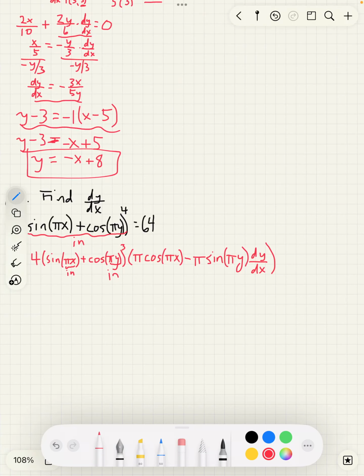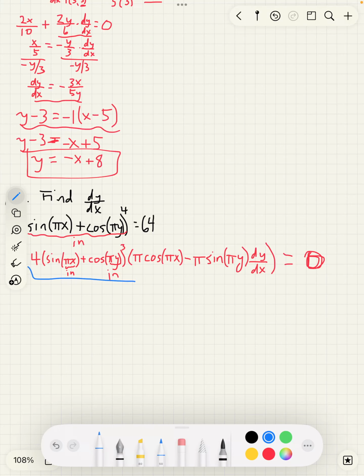Lucky for us, the derivative of the right-hand side is just 0. Not 6, 0. And the reason that's lucky is because if you look at it, we have one term with 2 factors on the left-hand side. This guy is a factor. This guy is a factor.